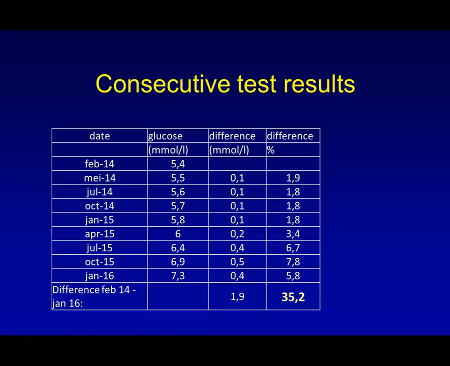However, this is far below the 14% that is necessary to be a significant change. However, when we look at the difference between February 2014 and January 2016, we see a difference of 35.2%. In other words, no significant consecutive change, but a significant trend. It should therefore be noted that although two consecutive measurements may not be different from each other, the trend may be.